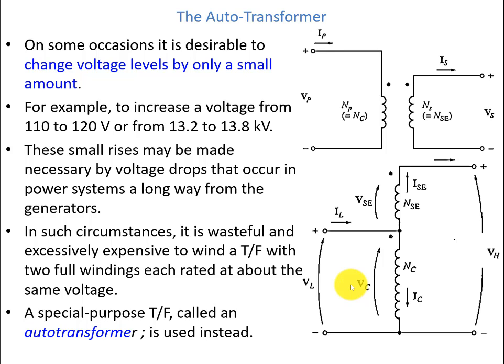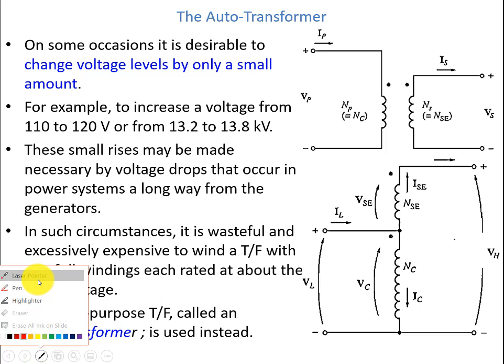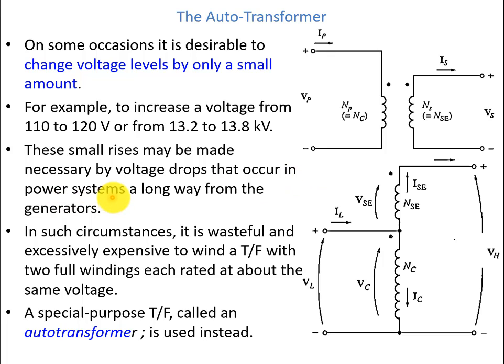On some occasions it is desirable to change voltage levels by only a small amount, for example to increase the voltage from 110 to 120 volts or from 13.2 to 13.8 kV. These small rises may be made necessary by voltage drops that occur in power systems a long way from the generators.